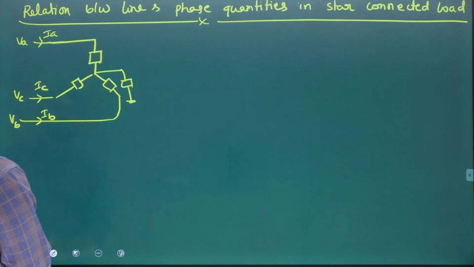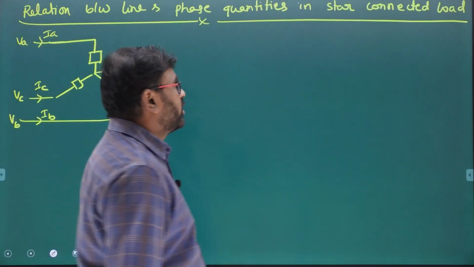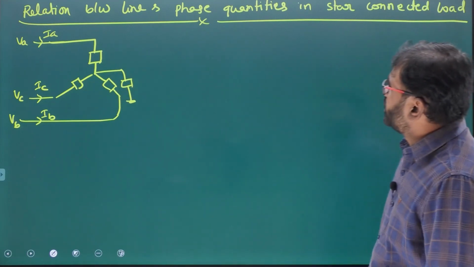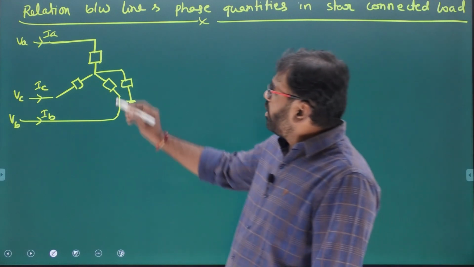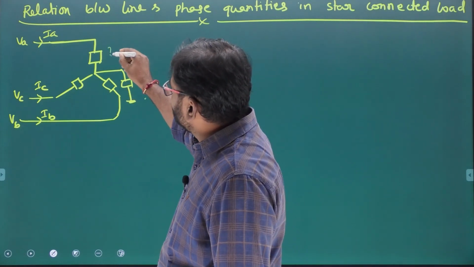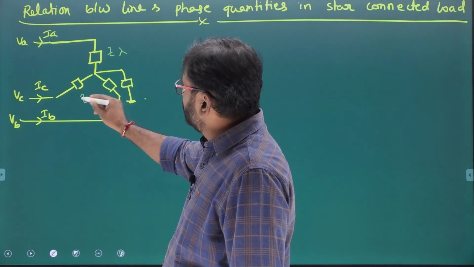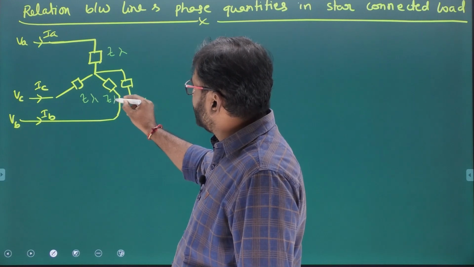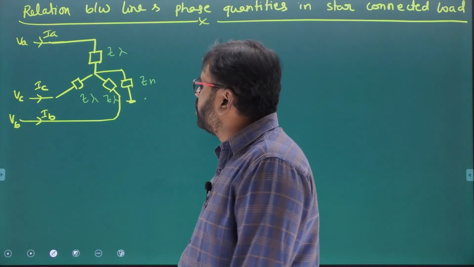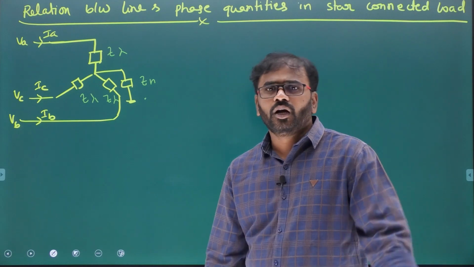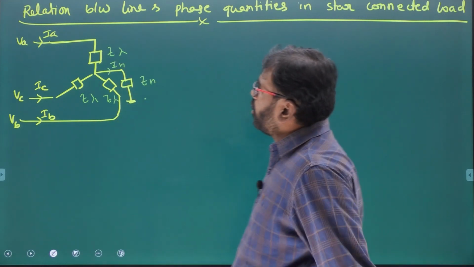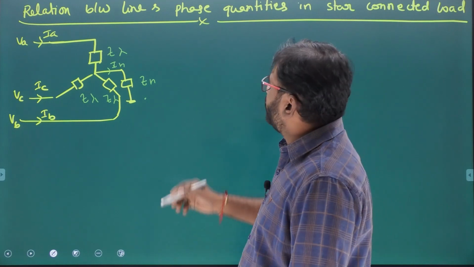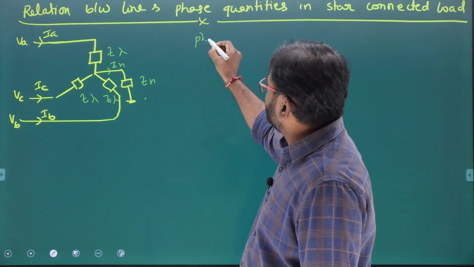Now we need to see the relation between line and phase quantities in a star connected load. By default the load is balanced. Load always has balanced impedances, but the supply may be unbalanced due to some disturbance in the network. Let's say this is the neutral current. Now see, the phase voltages I can write like this.